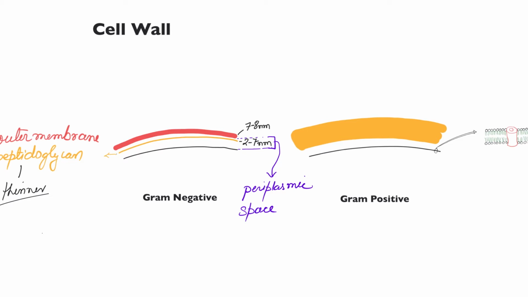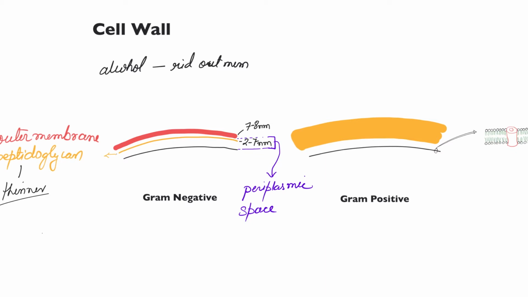Because it has a thinner peptidoglycan layer, the alcohol, the mordant, the iodine and the crystal violet complex doesn't fix very much, and alcohol is easily able to wash out some outer membrane, and hence during the decolorization step a lot of stain is washed out. But even though it does not stain well, it has a lot of other things that we need to understand.